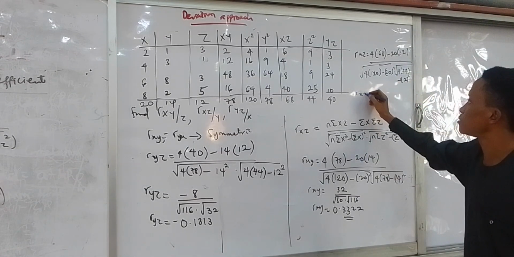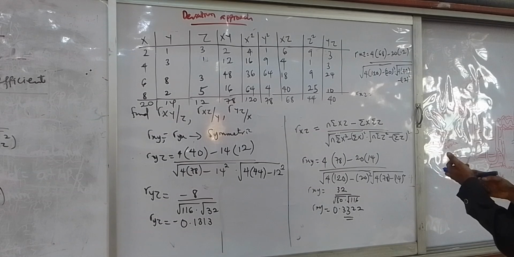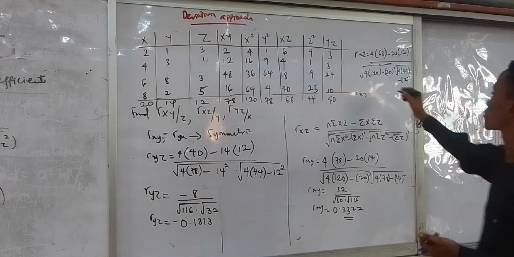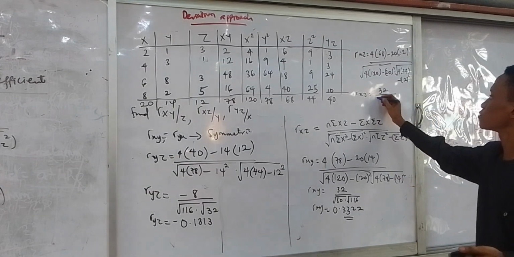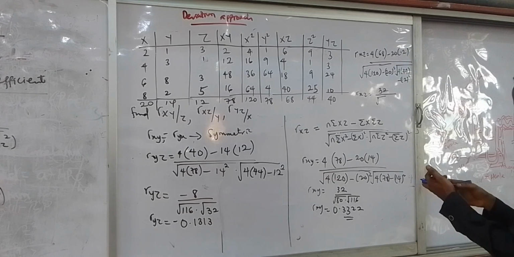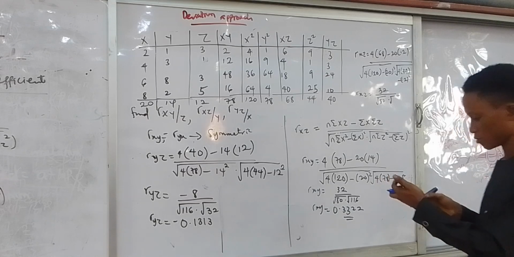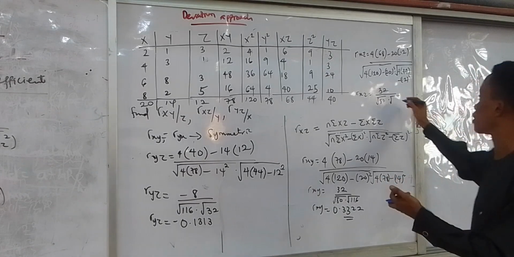If you press that, rxz will be 4 into bracket 68 minus 20 multiplied by 12. We have 32 over square root of 4 into bracket 120 minus 20 raised to power 2, that's 80, multiplied by square root of 4 into bracket 44 minus 12 raised to power 2, that is 32.